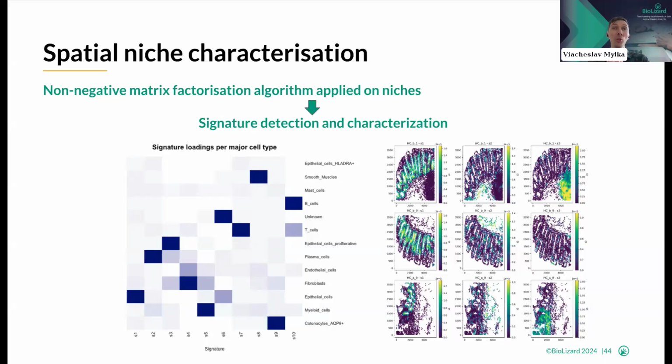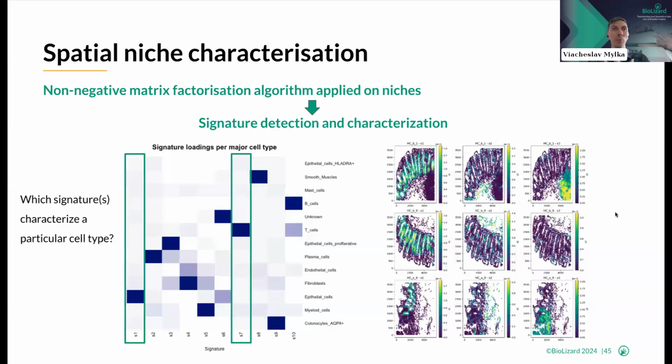Luckily, there are those tools. For example, here a machine learning based package which performs non-negative matrix factorization can break down this complex matrix. By the way, in this case, it's 500,000 cells, 1,000 genes. So it breaks down to a number of signatures or dimensions, you can call it, in this case, 10.